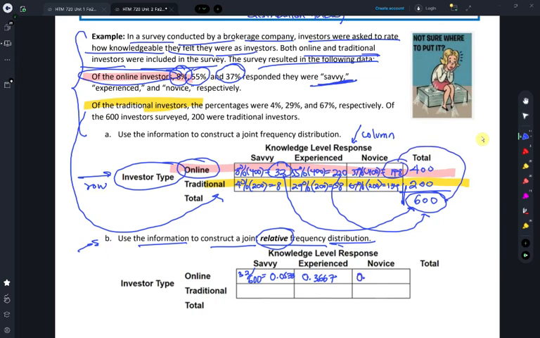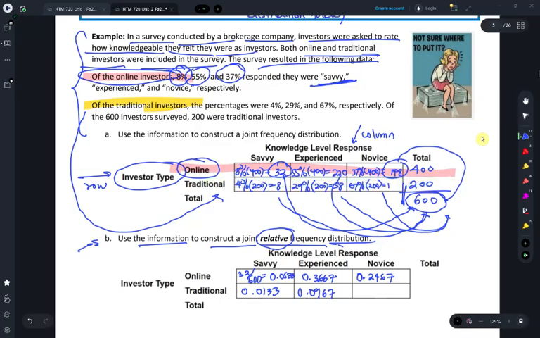That is 0.2467 approximately. And next you have 8 out of 600. That is 0.0133. Then next we have 58 out of 600, 0.0967. And finally we have the last number here, which is 134 out of 600.